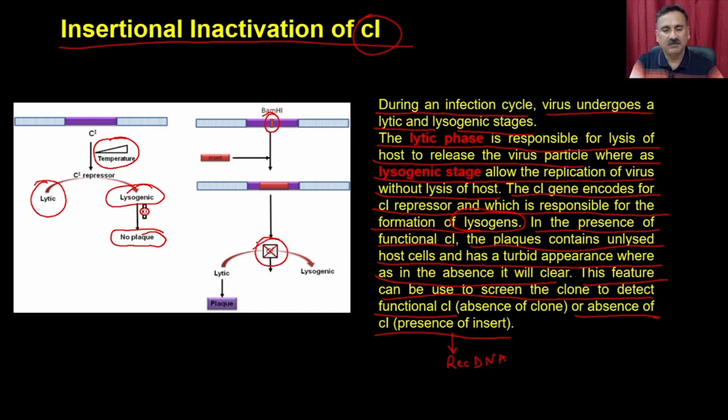In the presence of the non-functional CI repressor, the cycle shifts towards the lytic phase. As a result, it is going to form plaques, which will say that recombinant DNA is present.